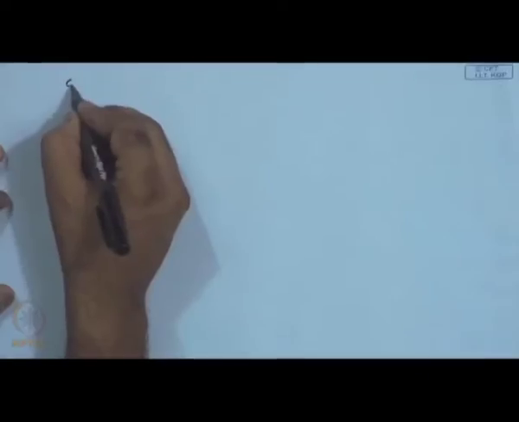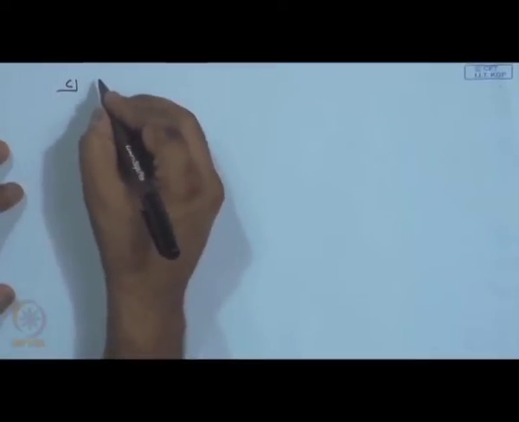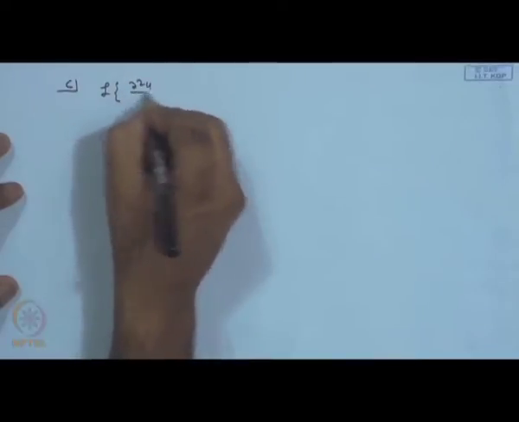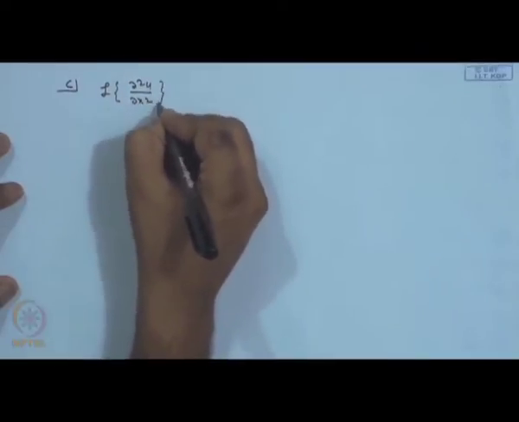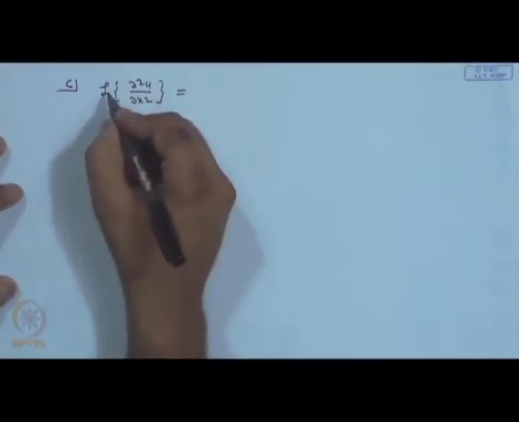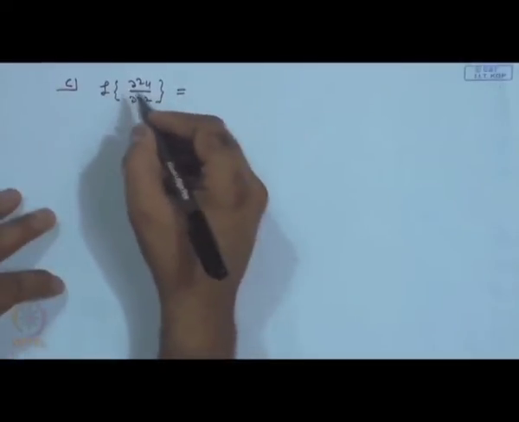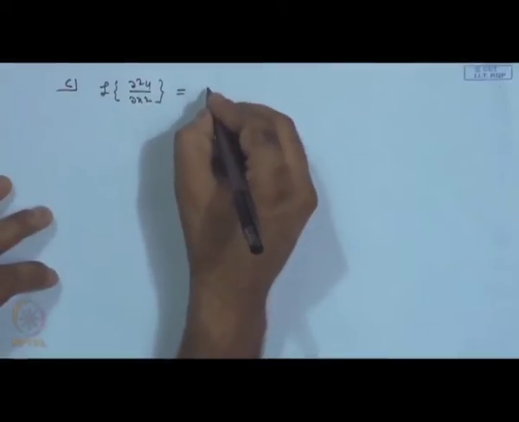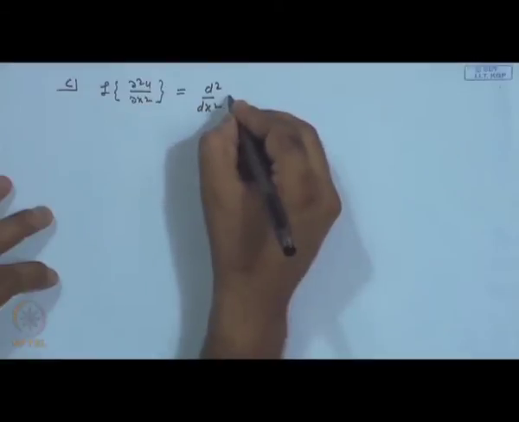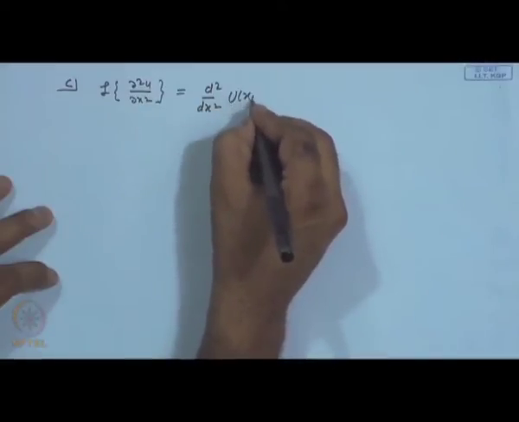Now, we do need this again for the second derivative. So, we have the Laplace transform of del 2 u over del x squared, and here we do not have to prove it because we already did it for the single variable. So, the Laplace of this double derivative will be the double derivative of the Laplace of u, that is u(x,s).